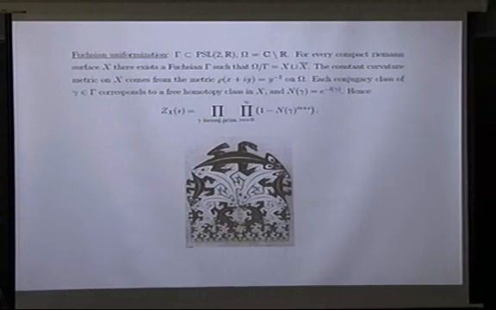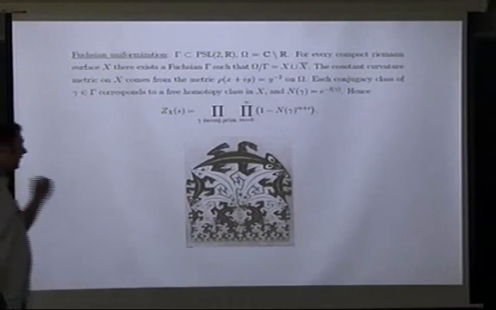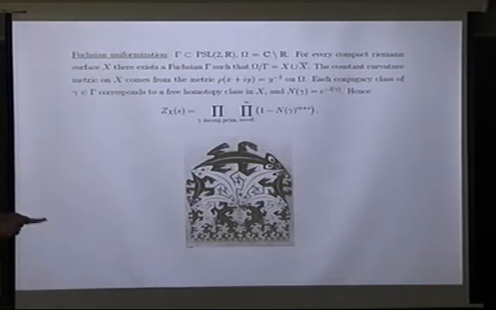Now, on the other hand, this uniformization is not very nice for holomorphic structure. If you think of the uniformization as being a family of projective connections, it's not a holomorphic family of projective connections.